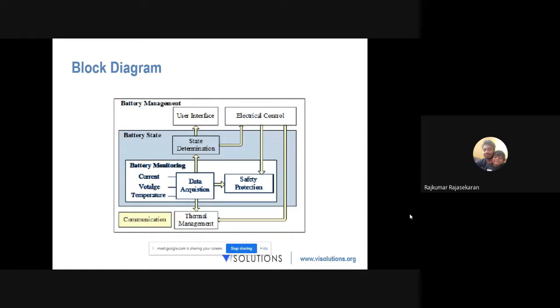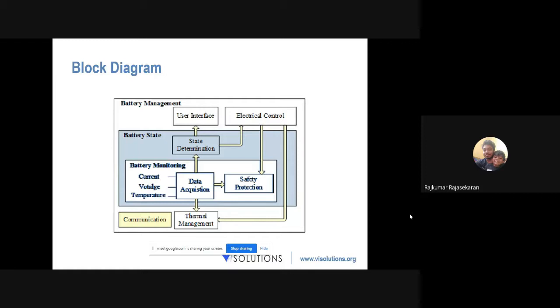Depending on the state determination, we may need to employ some electrical control and safety protection, like enabling the relay, or disconnecting and connecting the load from the battery when necessary. That is determined by state determination. Protection need not be based only on electrical parameters; thermal management may also be needed.